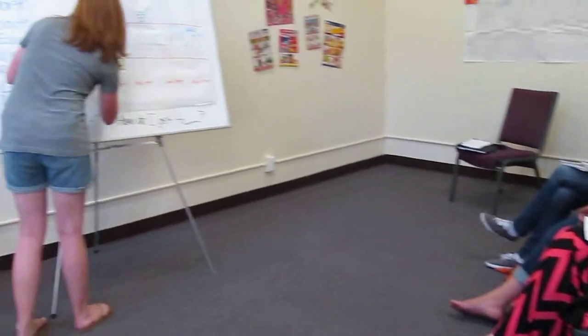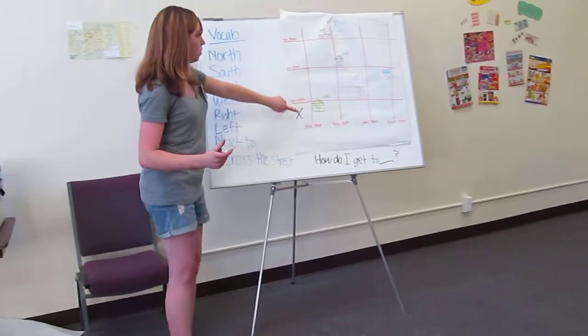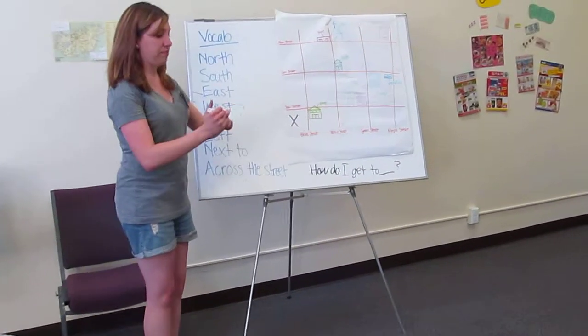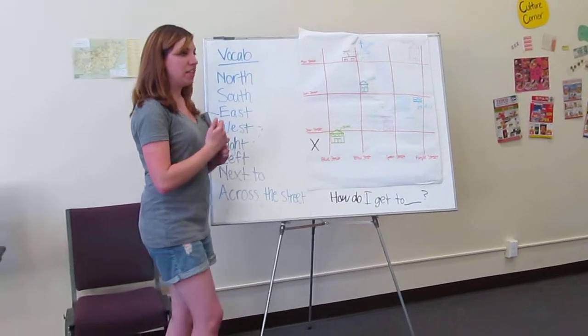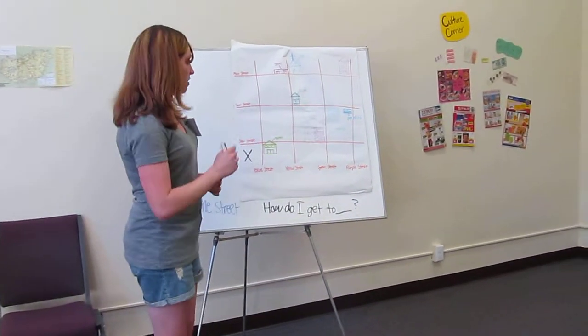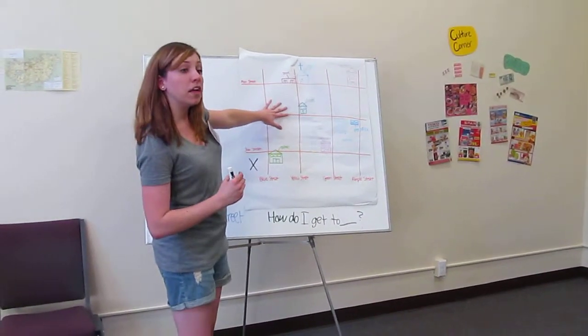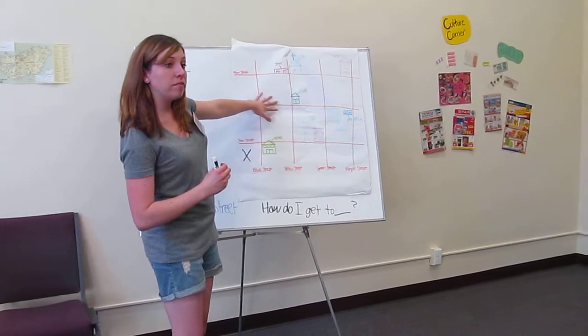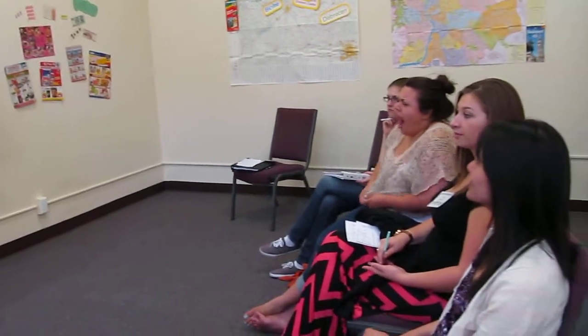And actually, let's all start from this corner. So you are here, okay? So let's see. Partner number 1, go ahead and pick a building. Do you have it? Okay. Now ask your partner. How do I get to the post office?